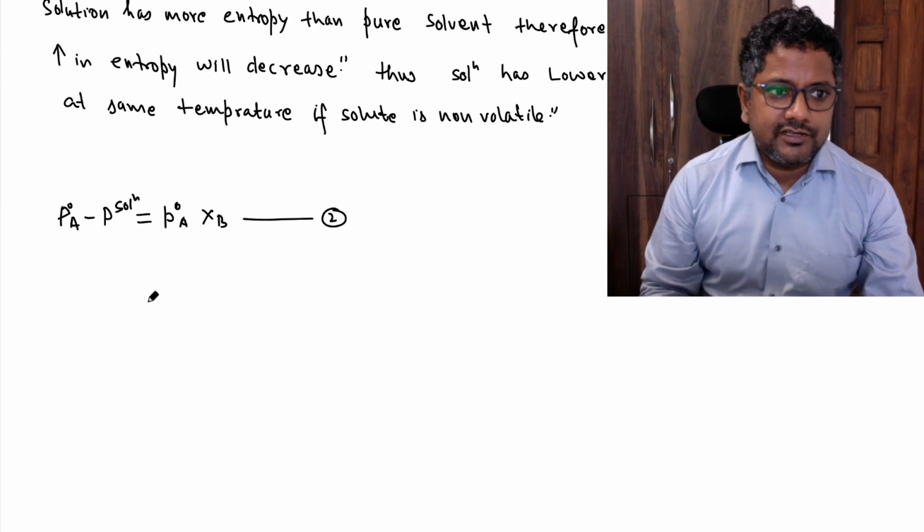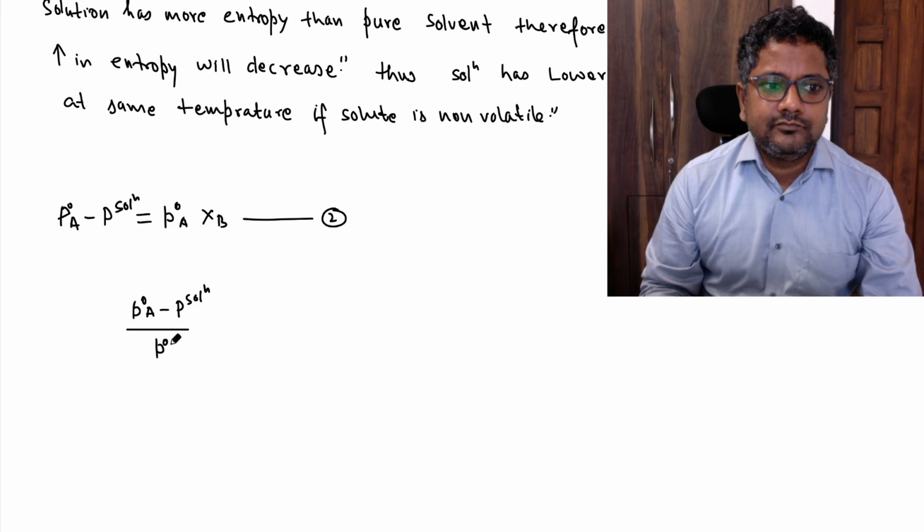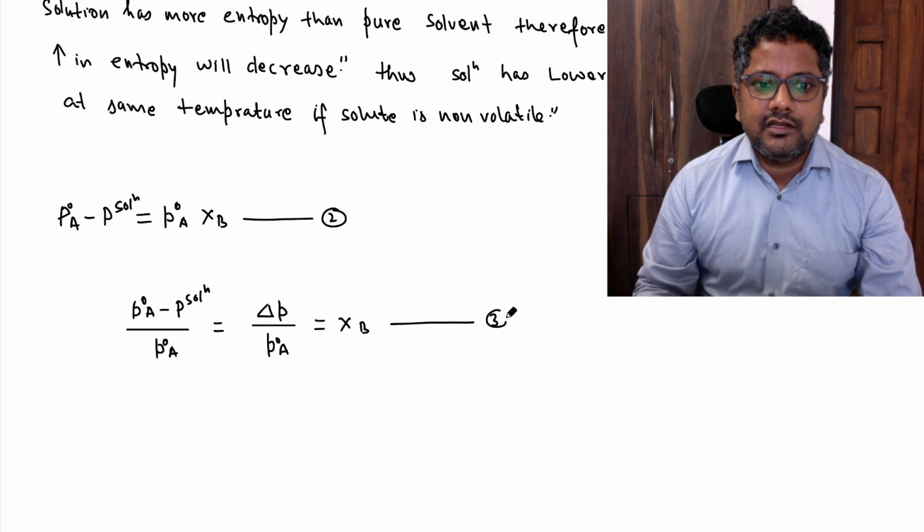So from this equation 2, we can write (P naught A minus P solution) by P naught A, which is delta P, the lowering in vapor pressure, divided by P naught A. This is equal to XB, and this is equation 3 or 4.